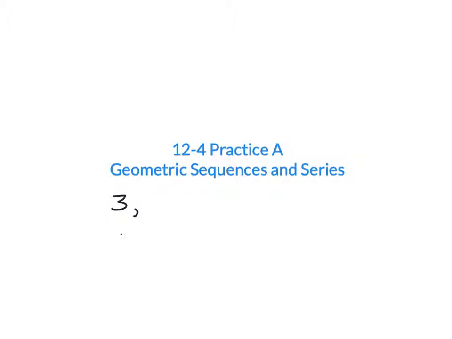Let's say my common ratio for this sequence is 2. Then if my first term is 3, 3 times 2 is 6. If we multiply by 2 again, we get 12. If we multiply by 2 again, we get 24. Multiply by 2 again, we get 48, and so on.